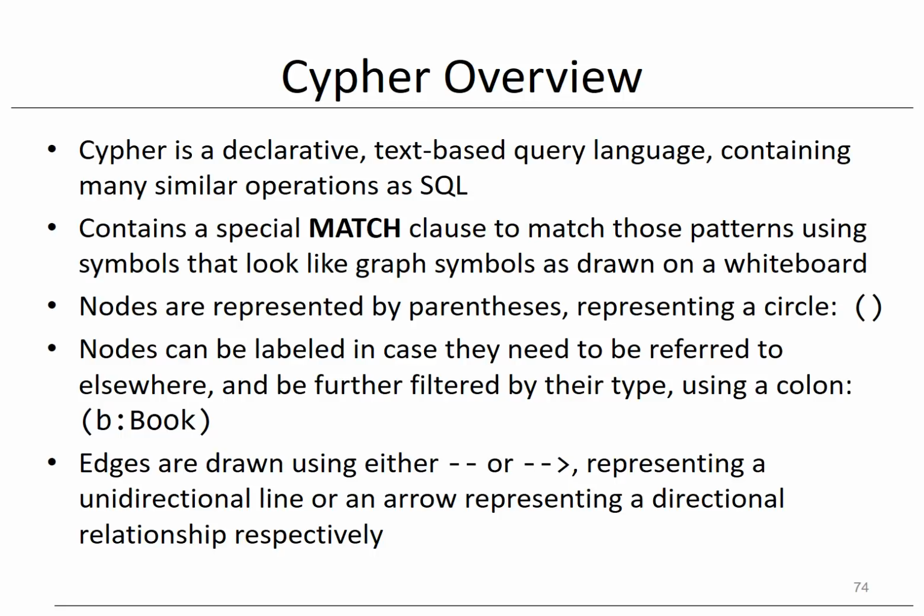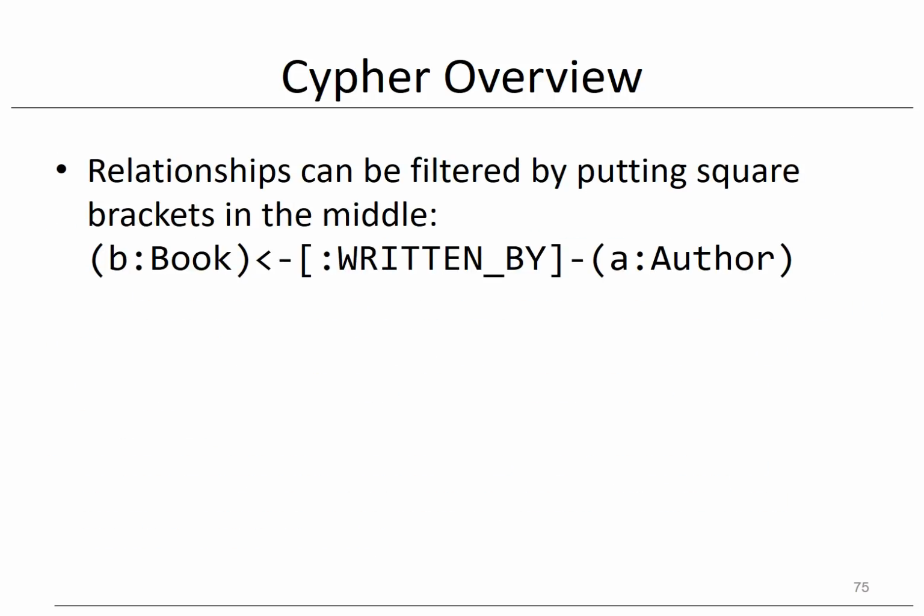Edges are drawn as you can see here, representing a unidirectional line or an arrow representing a directional relationship respectively. Relationships can also be filtered by putting square brackets in the middle, as you can see here for the relationship between book and author.